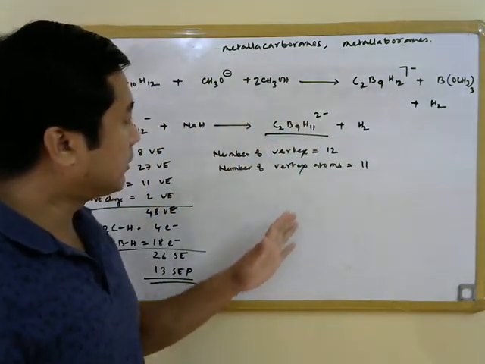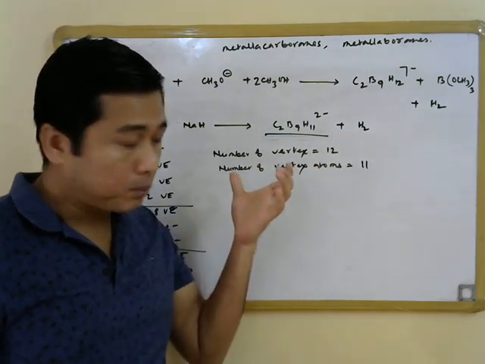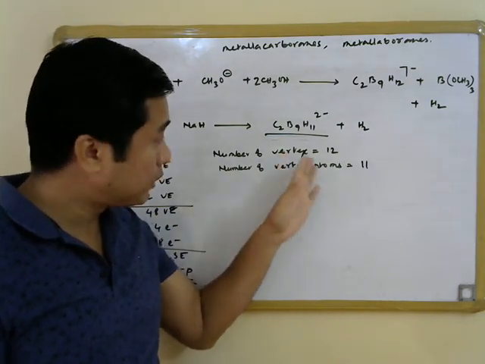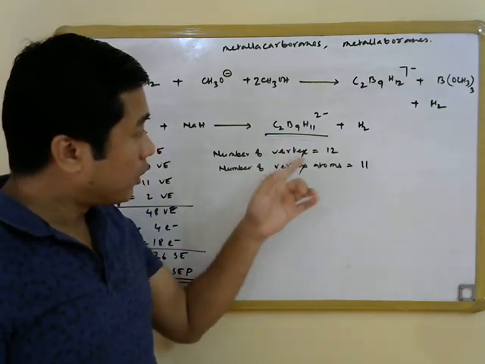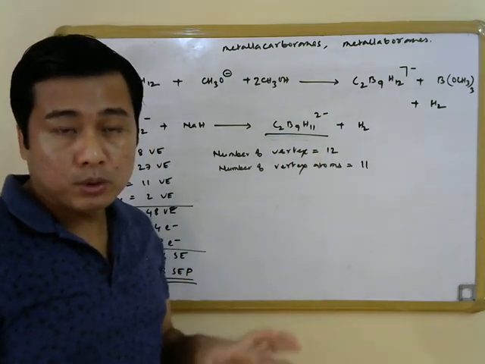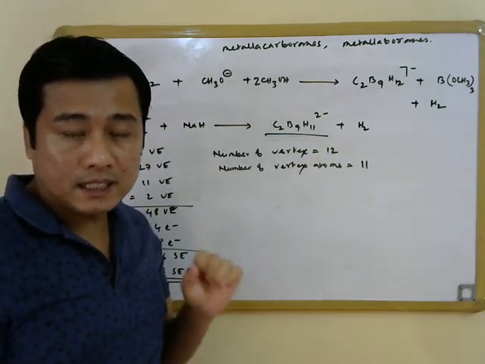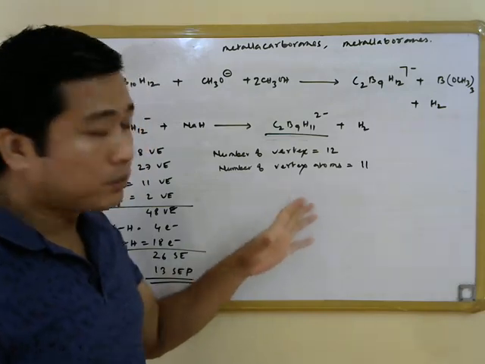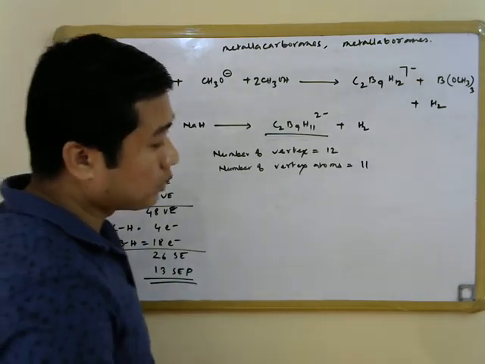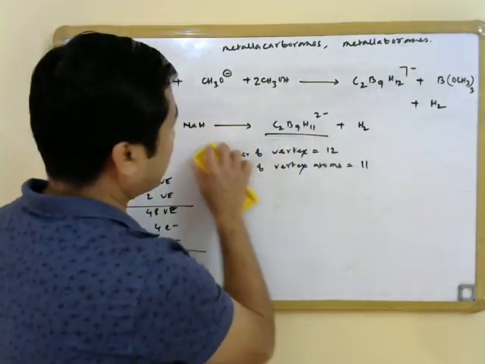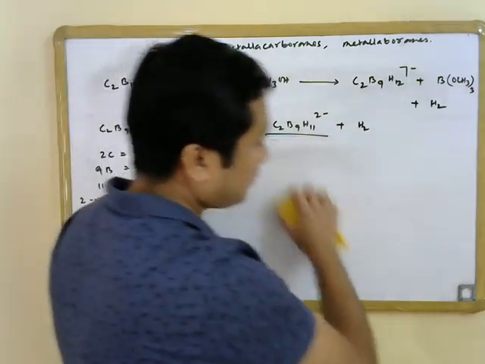So what we have is that though we have a dodecahedral structure with 12 vertices here, only 11 of the vertices are occupied, while one of the vertices is left empty here. So we have a nido structure. So let us try to draw the structure of this particular species here.